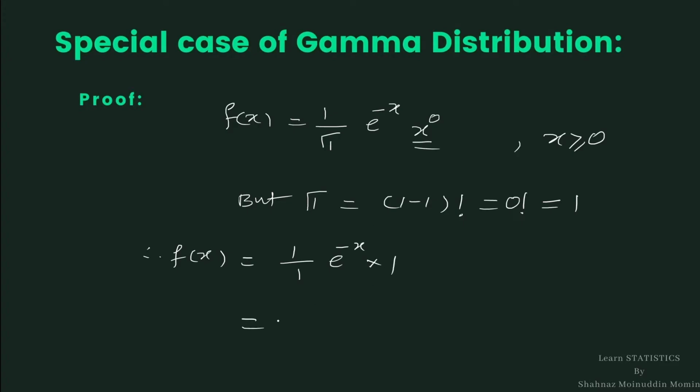So it is e raised to minus x, x greater than or equal to 0. This is the PDF of gamma for theta equal to 1 and n equal to 1. This is equation number 1.